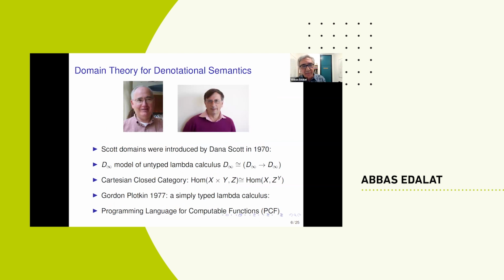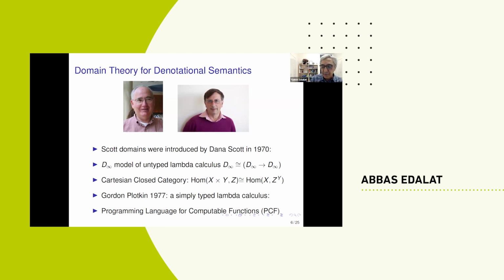So next, elements of domain theory that we need in this talk. Scott domains were introduced by Dana Scott in 1970 when he was at Oxford, and famously this led to the D-infinity model of untyped lambda calculus.